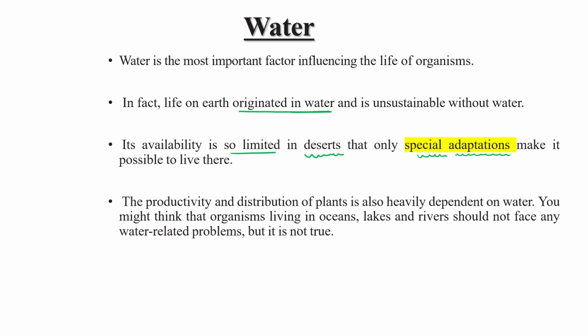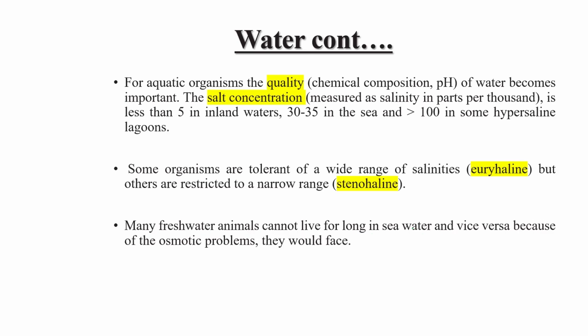You might think that organisms living in the ocean, lake, and river should not face any water related problem, but it is not true. All the organisms which are known as aquatic animals or aquatic plants, fishes and all, are mainly dependent not on the quantity of water, but on the quality of water.